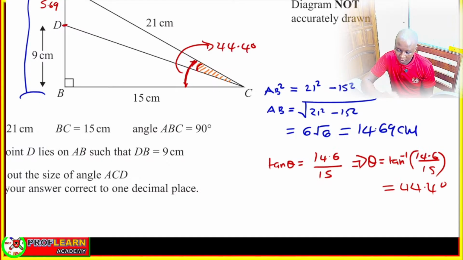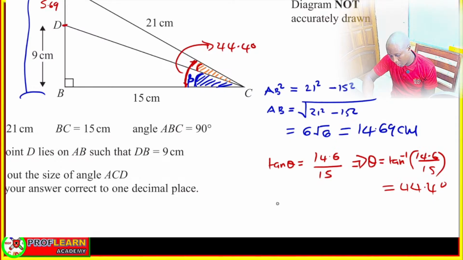Now, once I've gotten that angle, the next thing I'll do is to find this angle down here. For me to find that angle also, it will be opposite over adjacent. I'll call this angle beta.